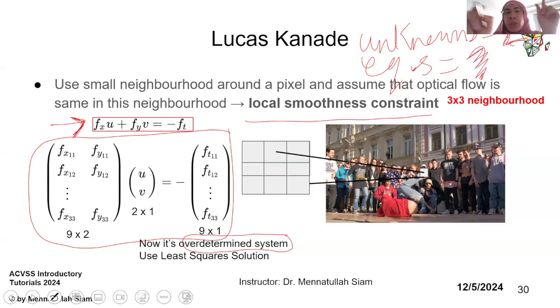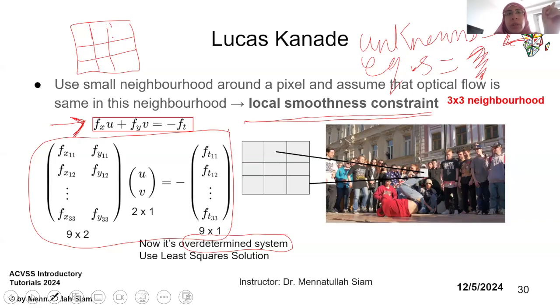Initially it was just 1 equation, as we're trying to estimate it per pixel. But we started to do this local smoothness constraint where I have, let's assume, a 3x3 neighborhood. This is a hyperparameter. I'm assuming that they're locally moving the same. So how many equations can I get from this 3x3 neighborhood? Any suggestions? Meme Diara, 3. We're doing 3x3.